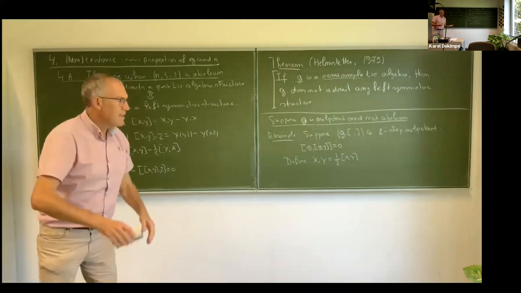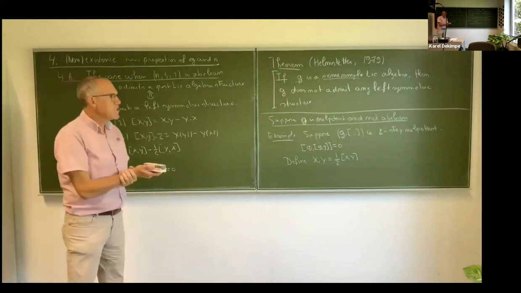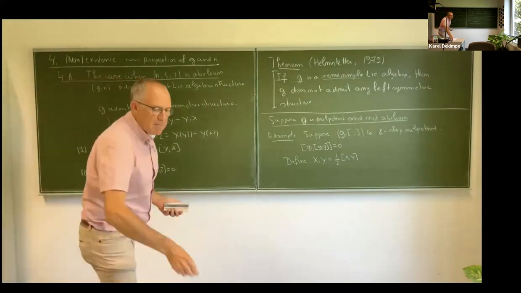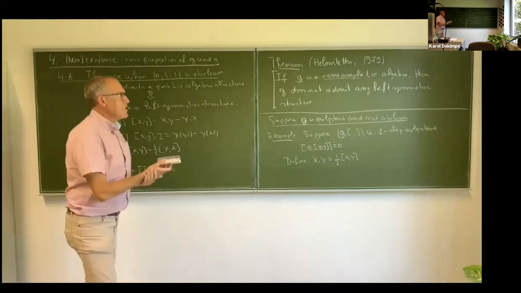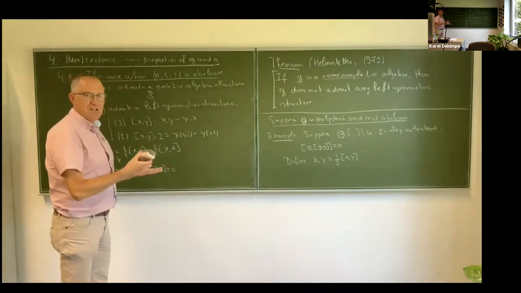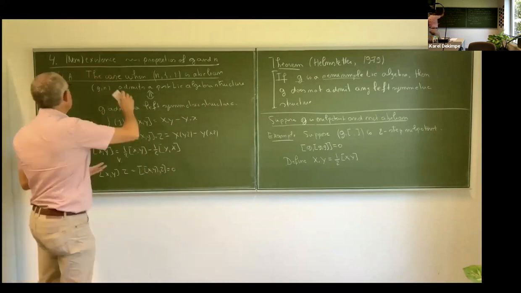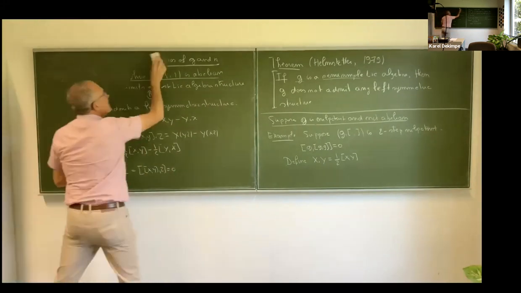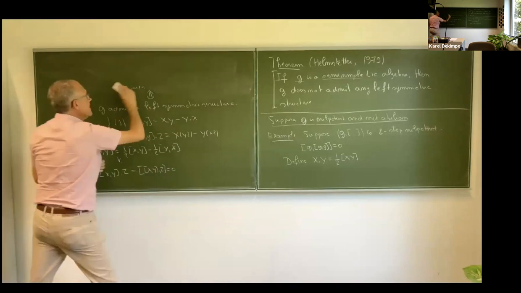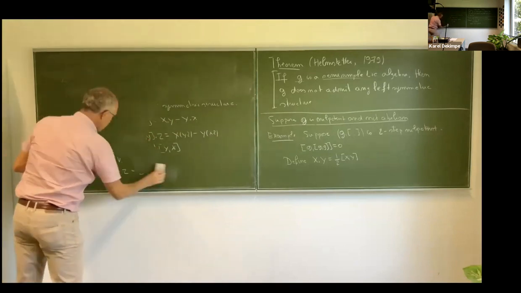As I just said a few seconds ago, it was for a long time believed that all solvable algebras admit left-symmetric structure. So at least there should be one example. And let me show you an easy example, the easiest one we can find.